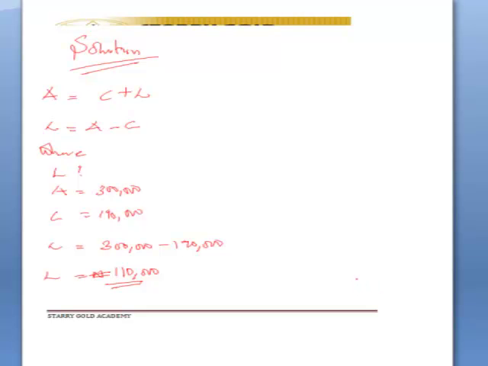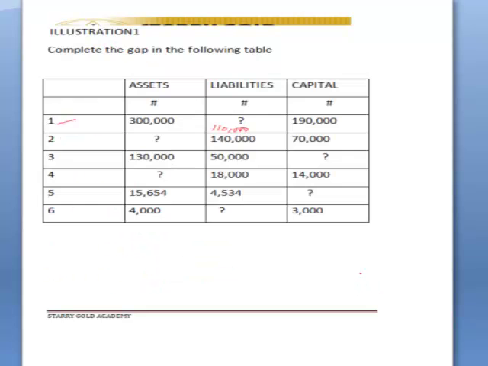Okay, question number 2. We are looking for A in question number 2. So solution 2, looking for A, therefore A is what? Capital plus liability. That is the accounting equation.